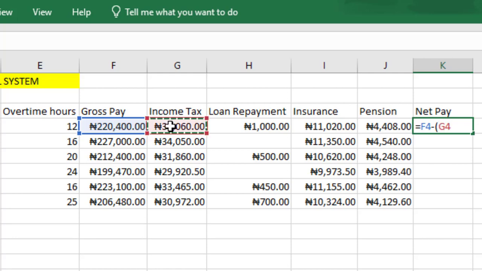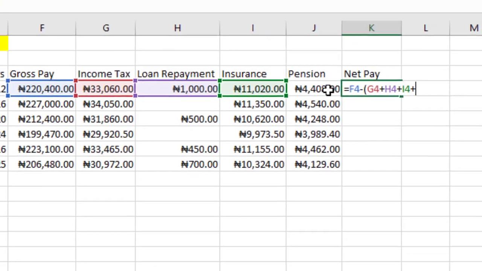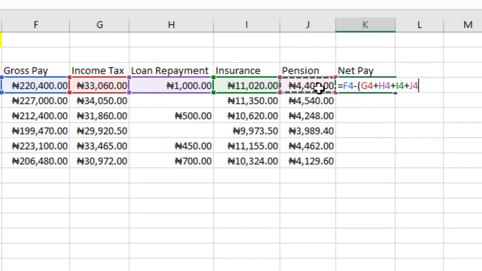So we'll say plus this, plus this, plus this. So what we have done here is that we have added up all the deductibles, everything that is meant to be deducted from their gross pay has been deducted from it.